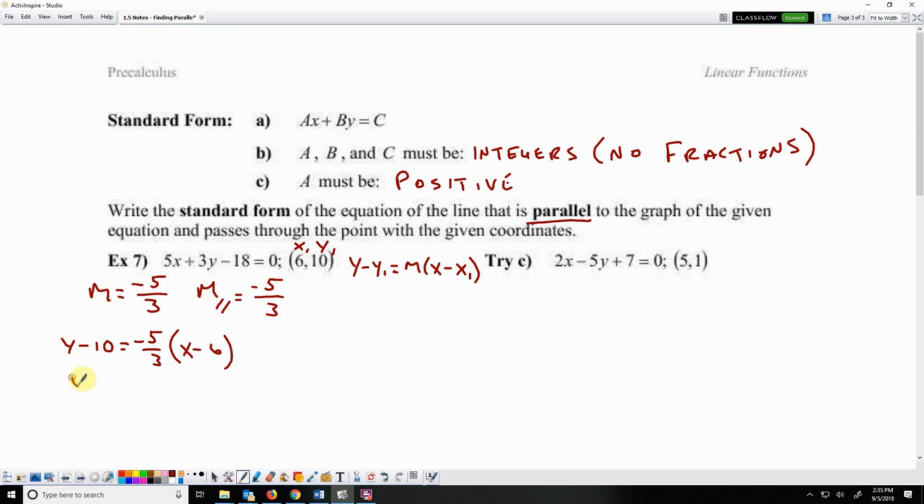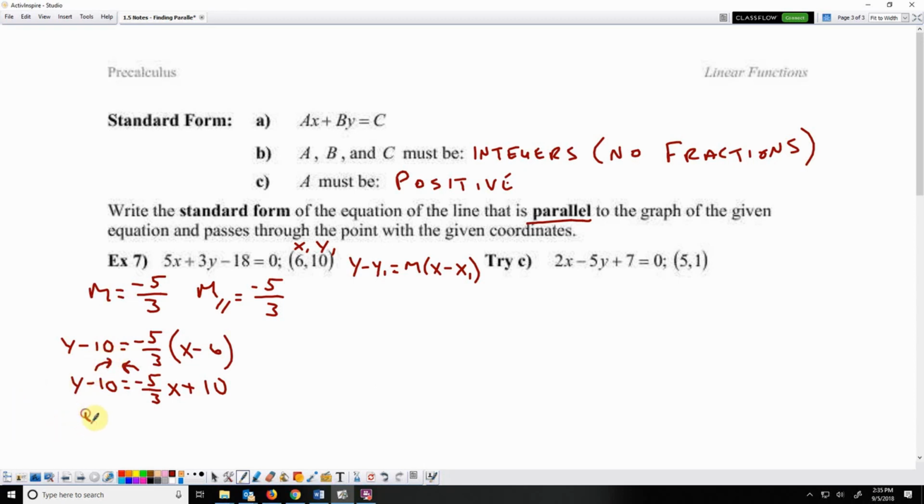So y minus 10 equals -5/3 x plus, and then 5 times 6 is 30, divided by 3 is 10. So to get into standard form, I need this x term over to the left side, and I need this constant term over to the right side.